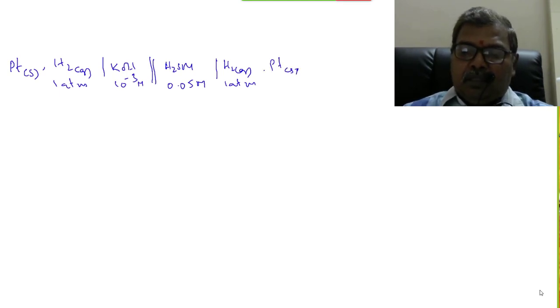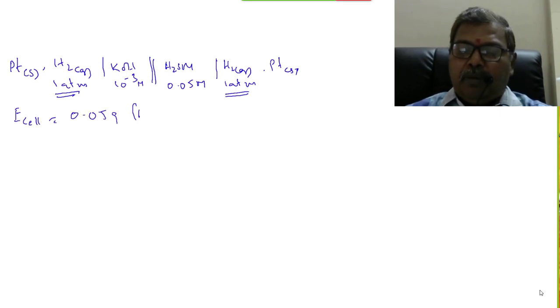Now, here the active mass of hydrogen in the anode half cell and cathode half cell is 1. So the formula will be E cell equal to 0.059 into pH of solution in the anode half cell minus pH of solution in the cathode half cell. Now see, for the anode half cell, pOH is 3, so pH is 11.